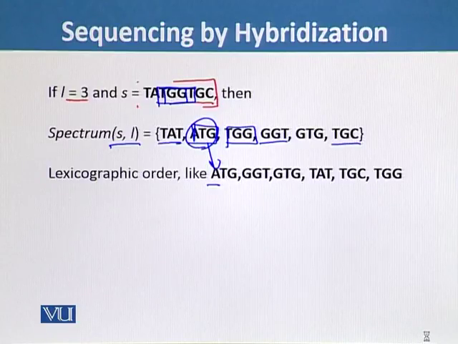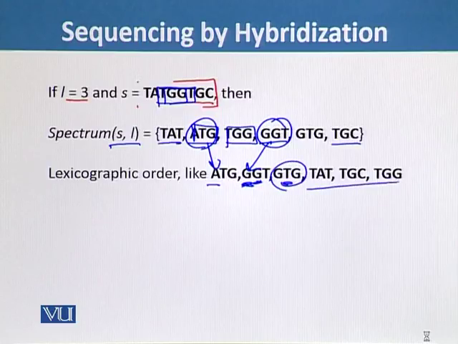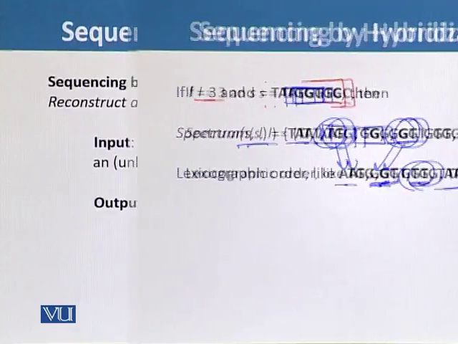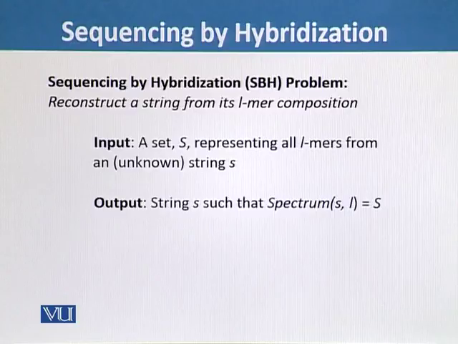Then after A, this is G, which will come in the second position. Then this is again G. Then we will look at the second letter: if it is G and the other is T, then T will come afterwards, and so on. So we can write it in lexicographic order, and we can solve the problem of sequencing by hybridization.